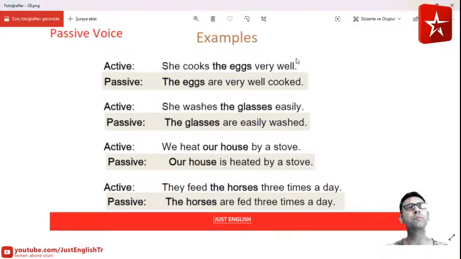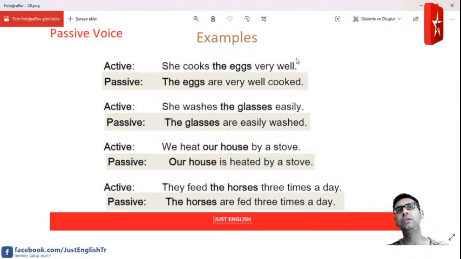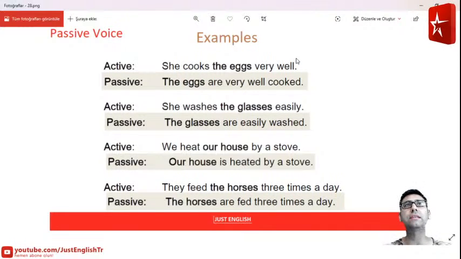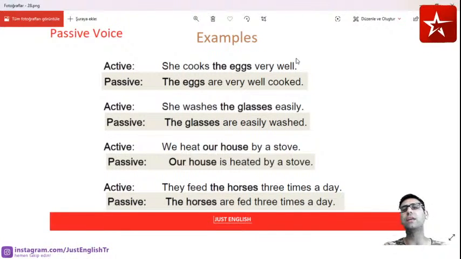Past participle means that the word is used as a verb and also can be used as an adjective. So the house heated means it's a heated house. So you can say that, of course.